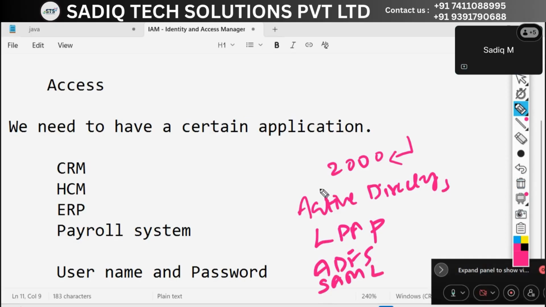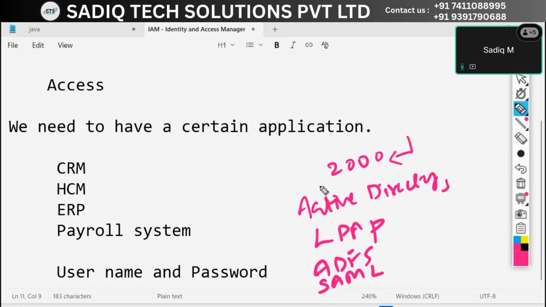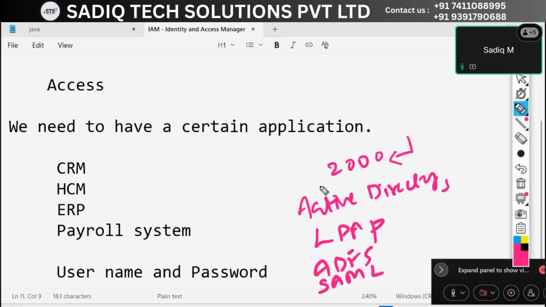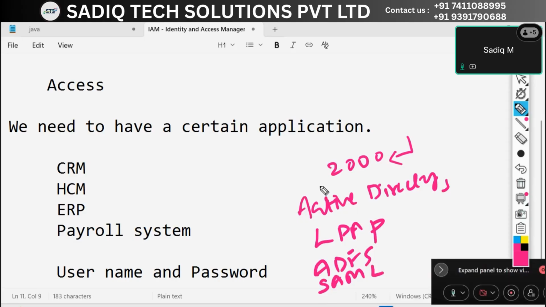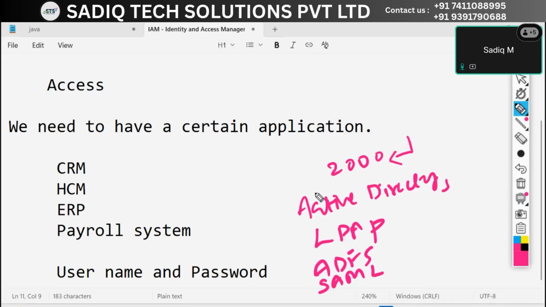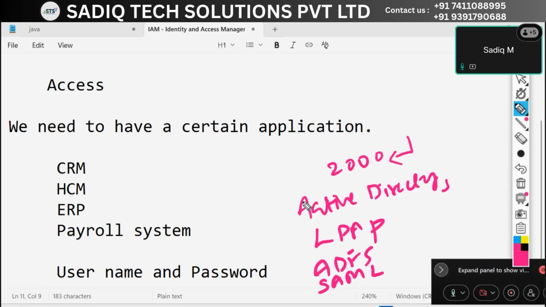So before 2000, application level access was there, and it was becoming very hectic to maintain the user credentials and passwords, and user provisioning and deprovisioning also became hectic. There were security breaches also, because users kept passwords not according to password standards.